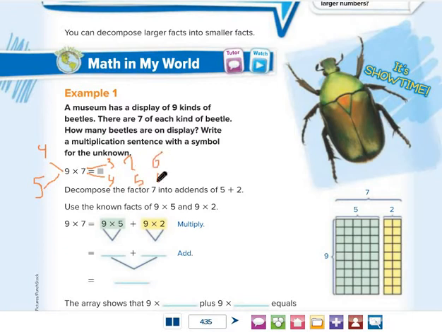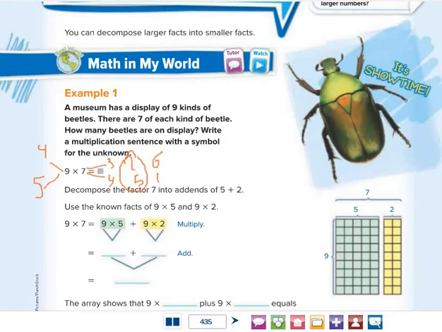But usually we will choose the numbers that we are more familiar with. You may memorize multiples of 5 more than the multiples of 6, 3, or 4. And multiples of 2 are really easy to know or to memorize. So we can choose this one. We can decompose number 7 into 2 and 5.